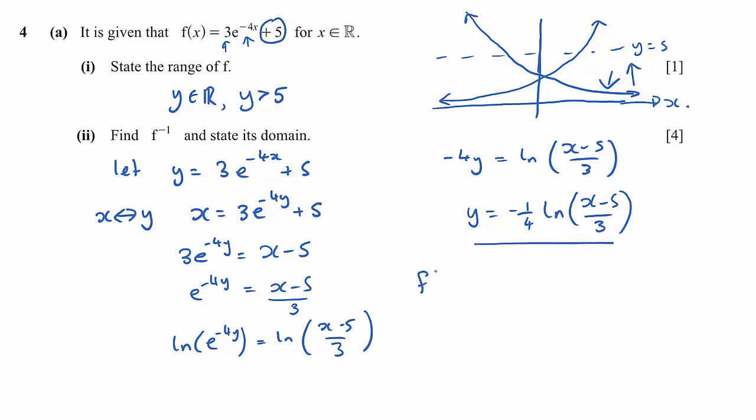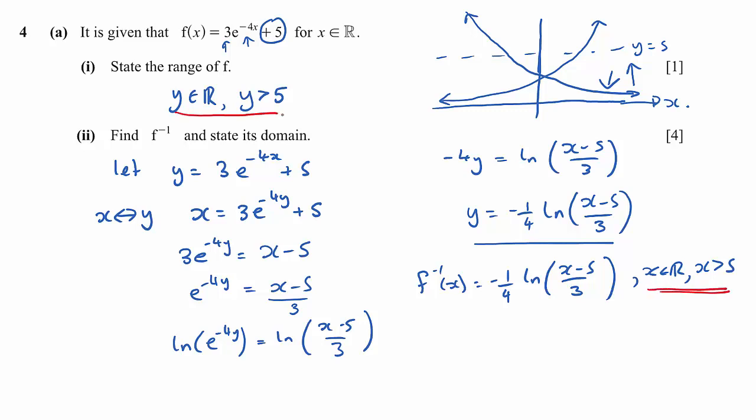So I can say that the inverse function is negative a quarter ln of x minus 5 over 3, and the domain here would be x is a real, x is greater than 5, because of course we know that the domain of the inverse is the same as the range of the original function.